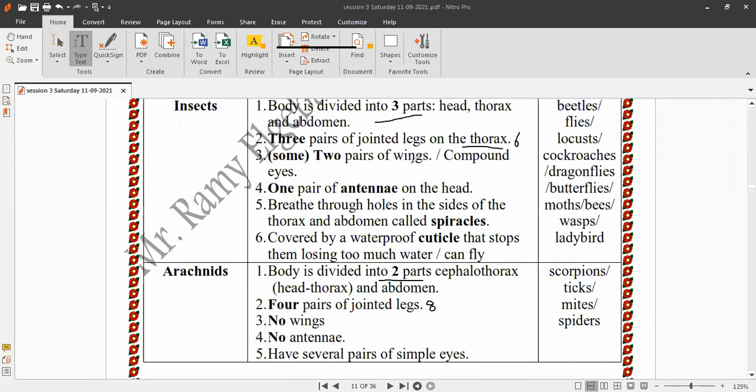Some species of insects have 2 pairs of wings and compound eyes, but arachnids have no wings, like spiders and scorpions.